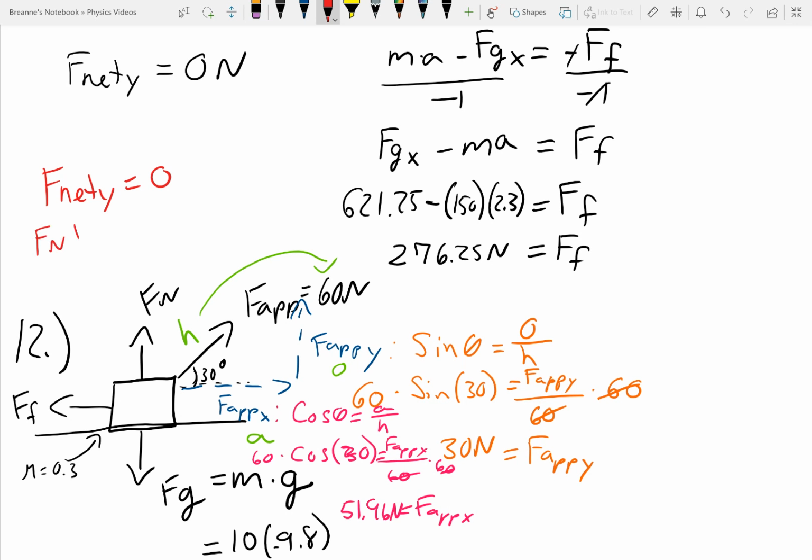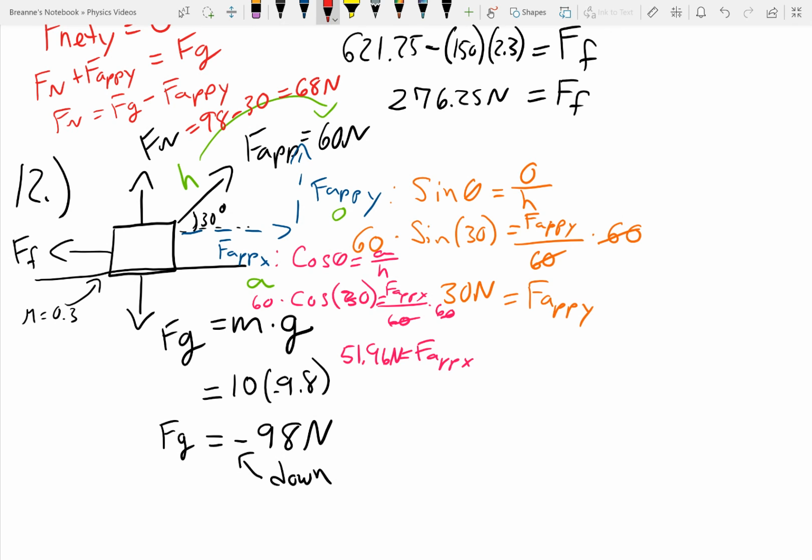So our force of normal plus our force applied in the y is going up, and our force of gravity is going down. You want your force of normal, so your force of gravity minus your force applied in the y. That gives you 98 minus 30, which gives you 68 newtons.